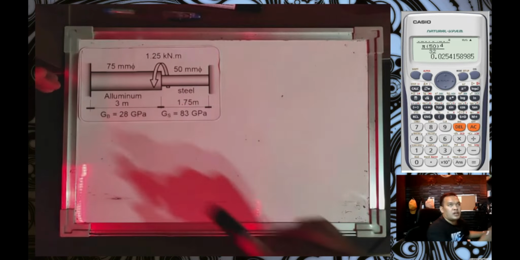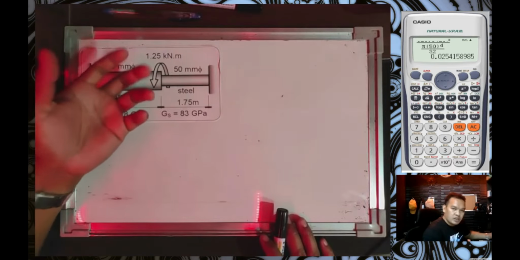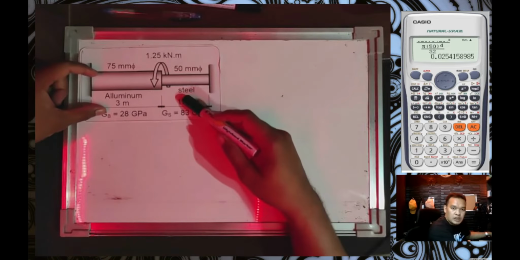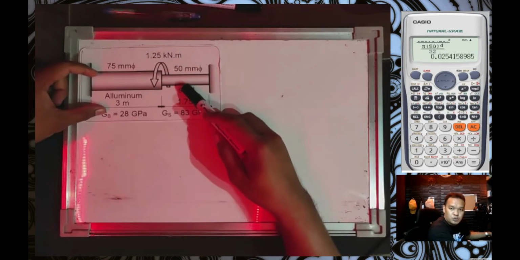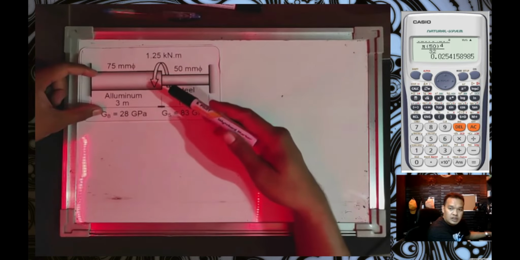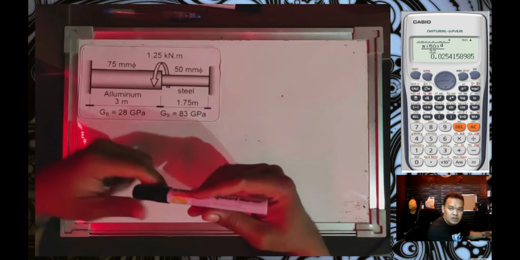Then kapag tayo nag-analyze nito, we all know that kung halimbawa inikot mo yung steel, the angle of twist ng steel is the same dun sa angle of twist ng aluminum natin, no? Pareho lang siya nung angle na mapoproduce base dun sa torque na in-apply natin.